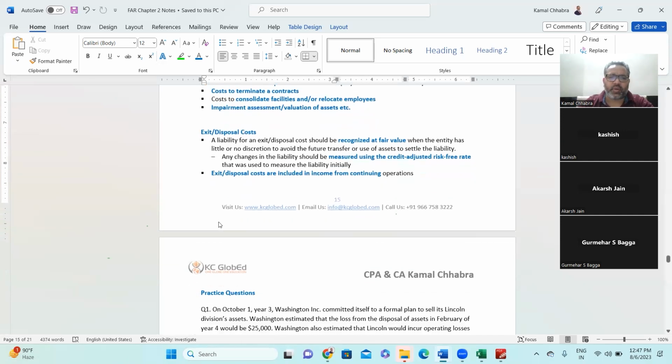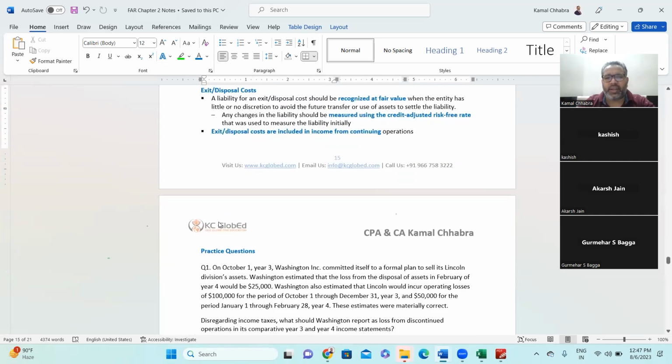Exit and disposal cost: the liability for an exit or disposal cost should be recognized at fair value when the entity has little or no discretion to avoid the future transfer or use of the assets to settle the liabilities.